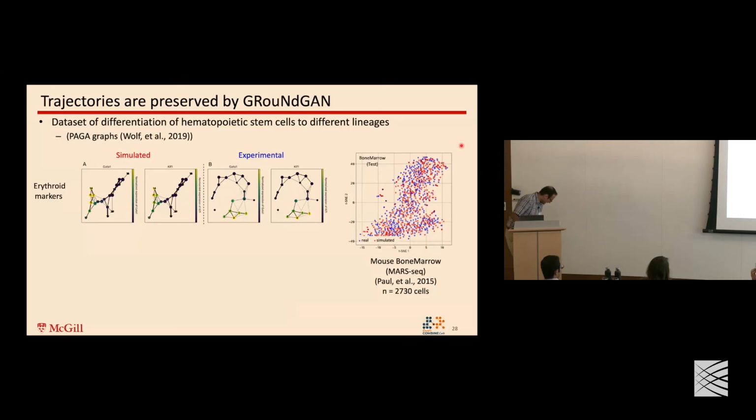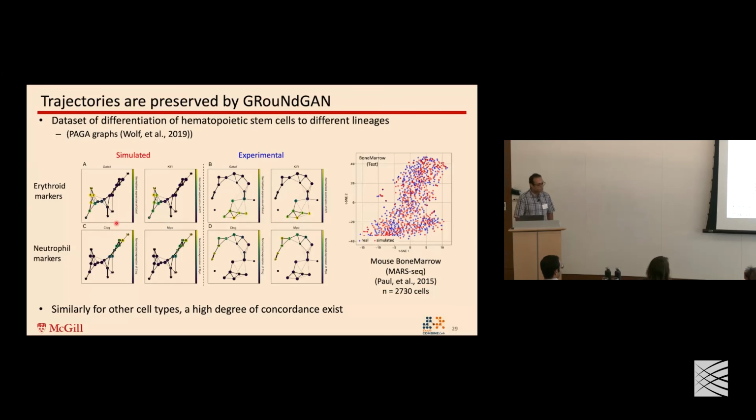And here, we used the markers of the cell types present in the data and the behavior of their activation to see whether we see concordance between these two. So here, for example, you can see the two markers of erythroid cells, that they're active in this region of the simulated data, and they're also active in this region of the experimental trajectory graph, which corresponds to this region from the simulated data.